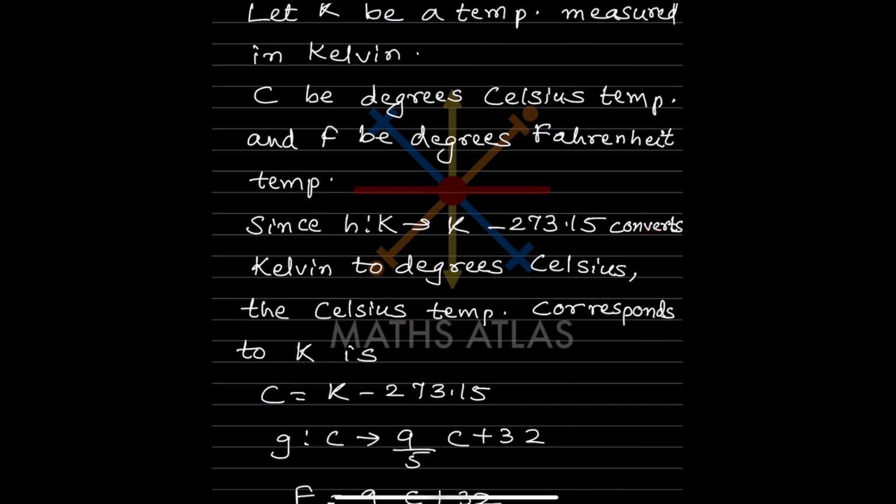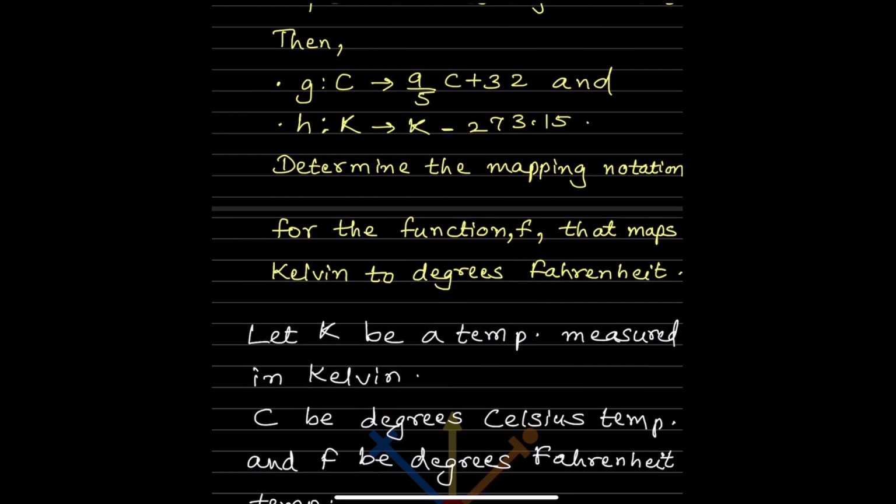So the Celsius temperature corresponding to K is C equals K minus 273.15. And then G of C is 9 by 5 C plus 32.